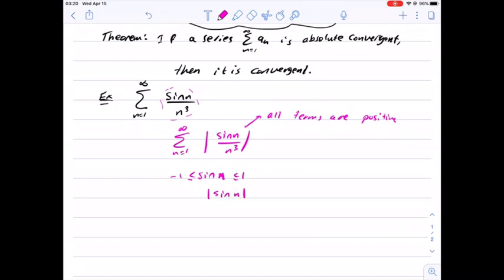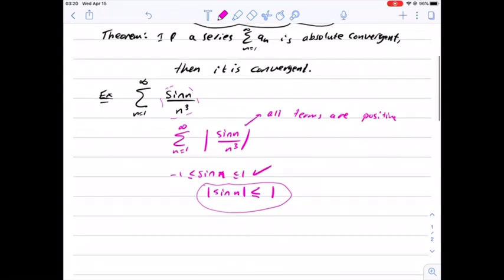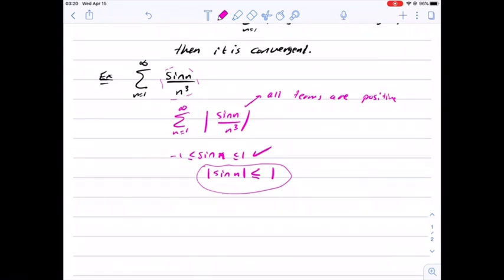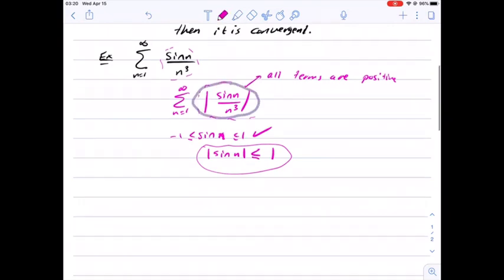So the absolute value of sine n is less than or equal to 1. We can rewrite it this way, because if you want to rewrite this inequality without using the absolute value notation, you get this inequality. And then we try to formulate this term.